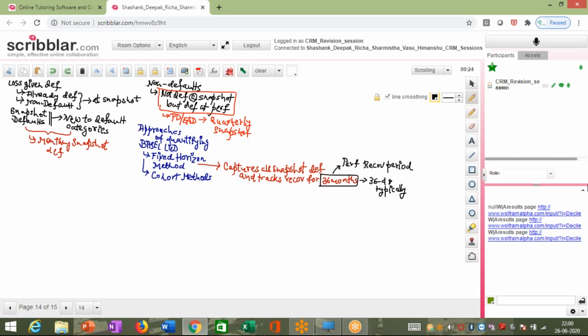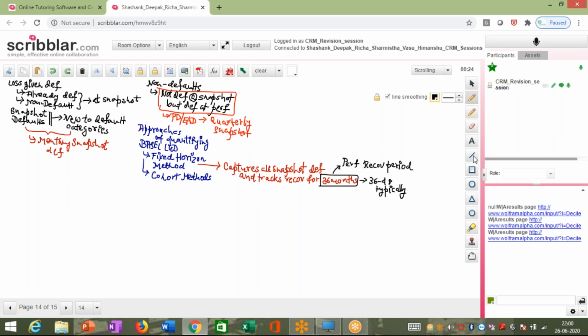The point from where the cumulative recovery curve flattens out is the performance period.